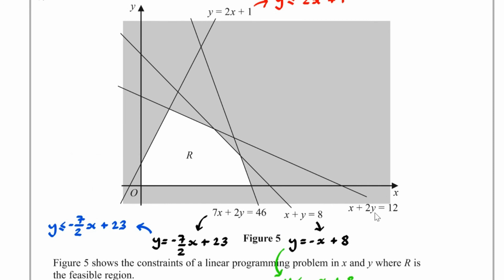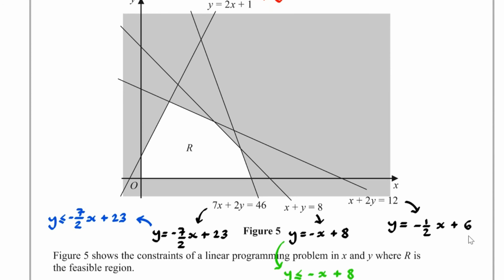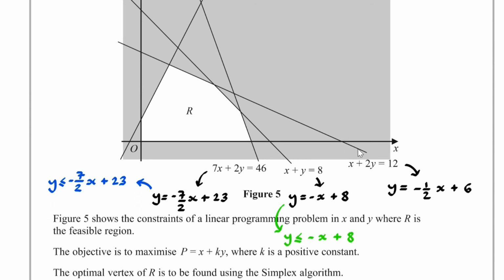And if we take a look at this line here, we can rearrange so we've got y equals minus 1/2 x plus 6, and what we want is the region underneath the line, which means when I rearrange and write down my inequality, I've got y is less than or equal to minus 1/2 x plus 6.